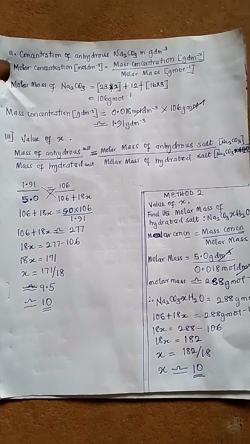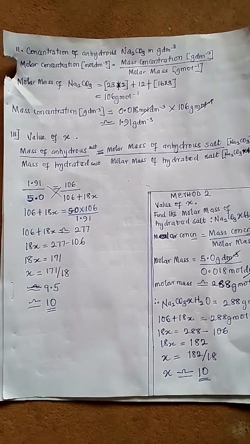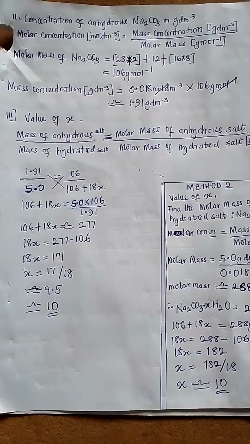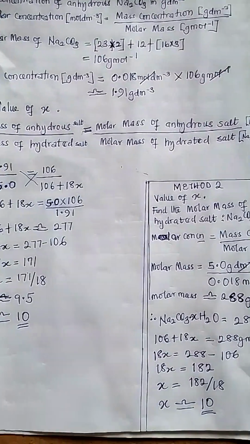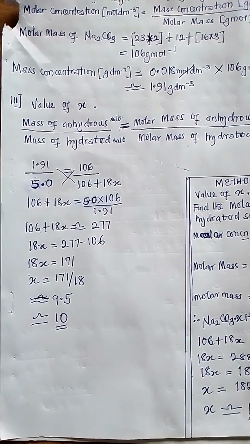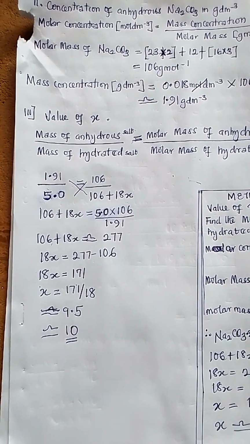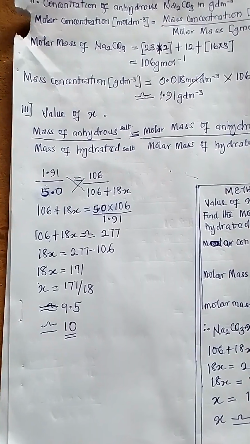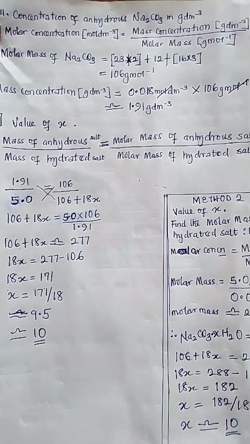Let's look at the first method. You have the mass of anhydrous salt over the mass of hydrated salt, which will be equal to the molar mass of anhydrous salt over the molar mass of hydrated salt. When you fill it up, the mass of anhydrous salt, that is the mass concentration in gram per dm cube, is 1.91, all over 5.0 gram. 5.0 gram is from the question, that is the mass of hydrated salt, which is equal to 106, the molar mass of anhydrous salt, all over the molar mass of hydrated salt.